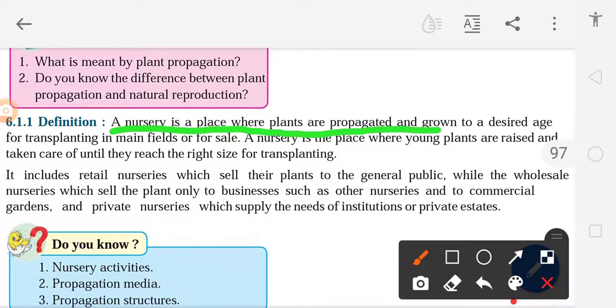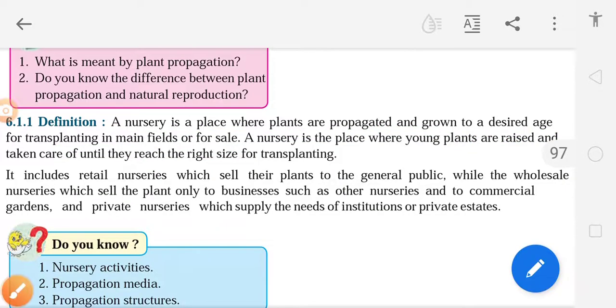Now this nursery is a place where plants are grown to a desired age for transplanting to the main field or for sale. That is called nursery.